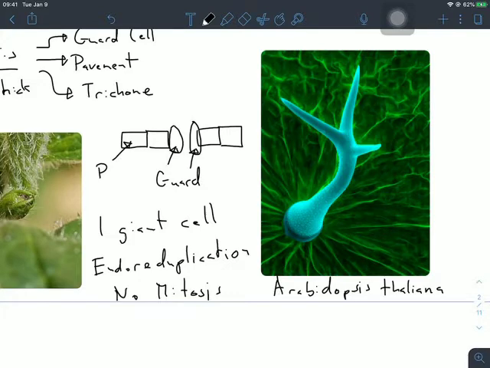Now, I mention endoreduplication because it is a fascinating phenomenon that we do see in some animal cells as well. Much more common in plant cells, but for example, endoreduplication is a necessary step in the production of platelets within your bloodstream.